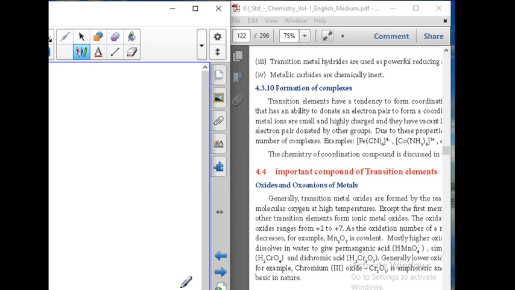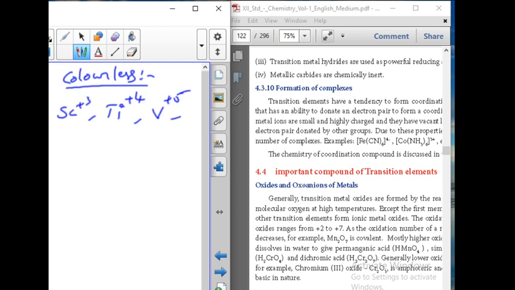Some compounds, how can you say they are colorless? Some colorless D block ions: scandium +3, titanium +4, vanadium +5, chromium +6, manganese +7, copper +1, zinc +2.